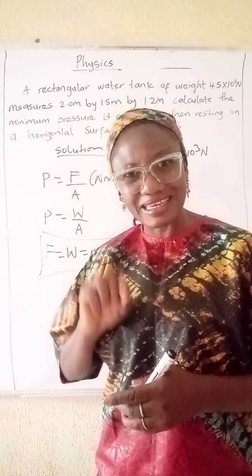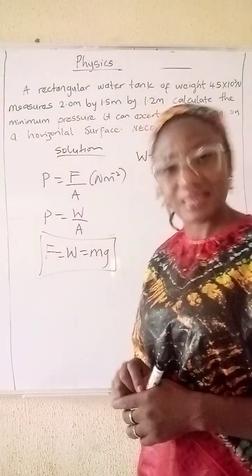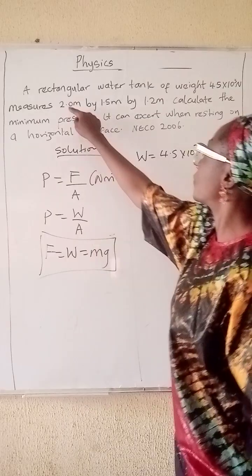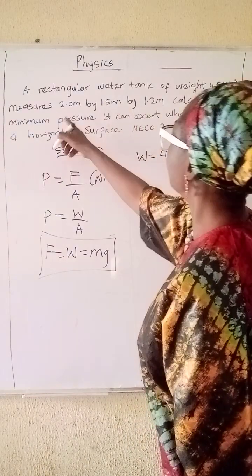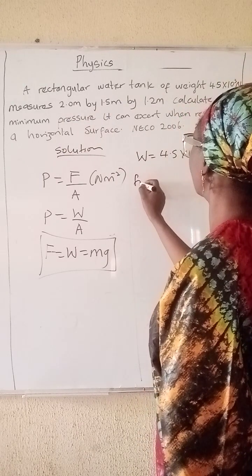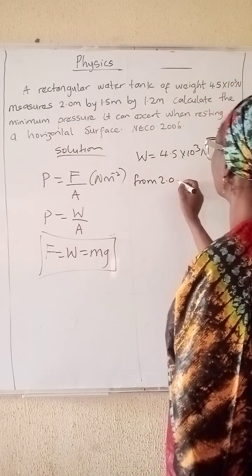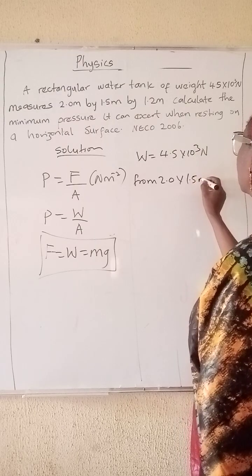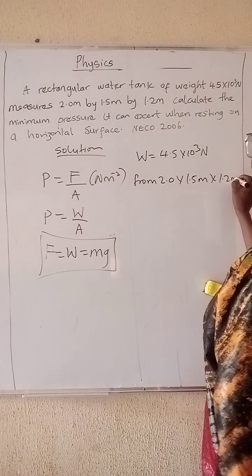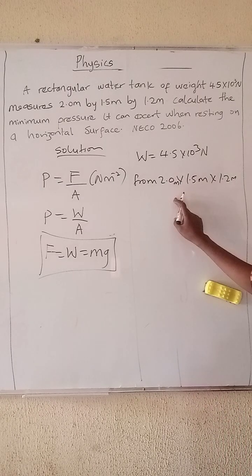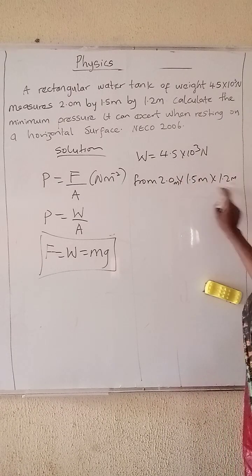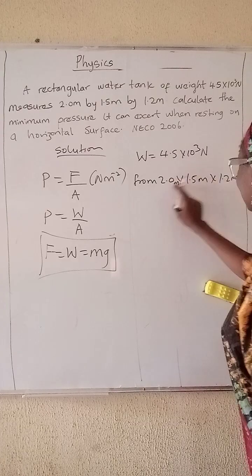To find this, we use what we are given. It measures 2.0 by 1.5 meter by 1.2 meter, there's a meter here, right? So which of these will give us the greatest area?